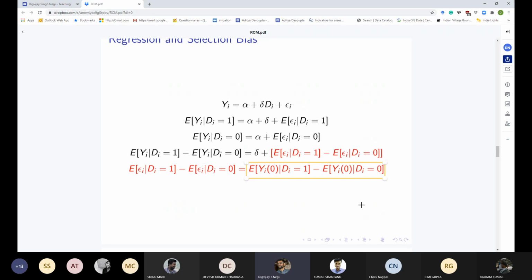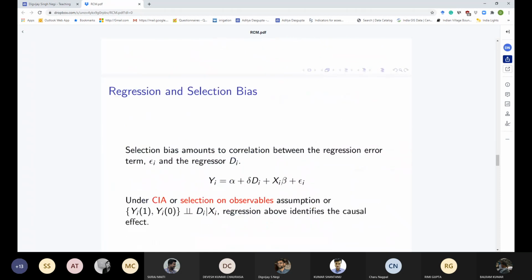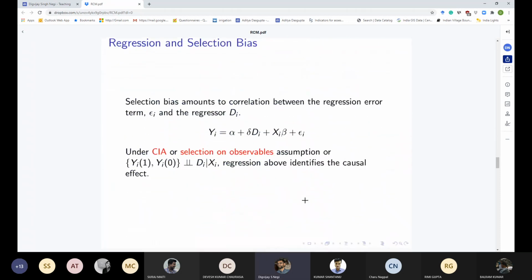That kind of bias, selection bias or specification bias, omitted variable bias, we are more familiar with, but it essentially captures this. So what does selection bias boil down to in a regression? Selection bias boils down to the correlation between the regression error, epsilon, and the regressor, or the treatment here.